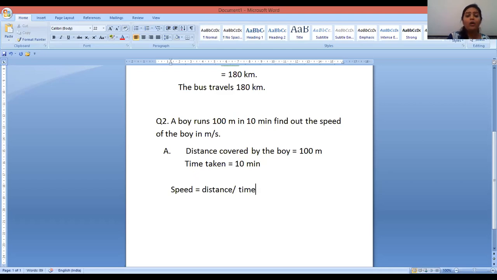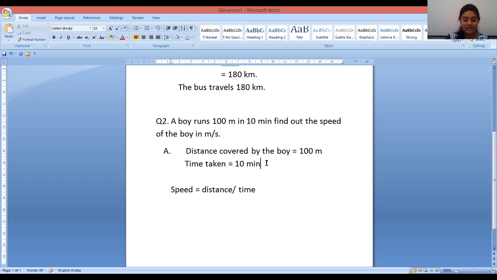Now one of the most important things over here is to read the question properly. They have given us the distance in 100 meters, and the time in 10 minutes. But they want us to find out the speed in meter per second. So is my time taken in meter per second?